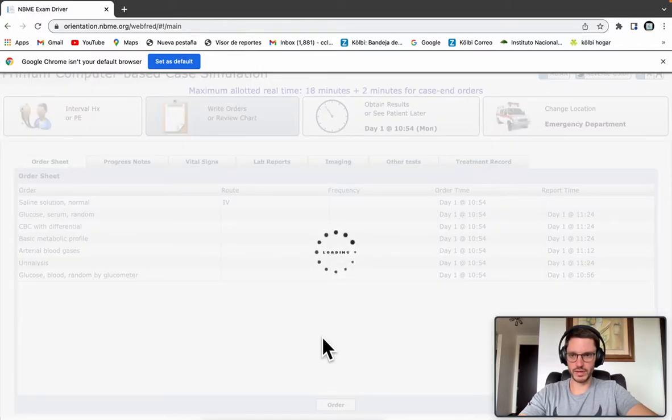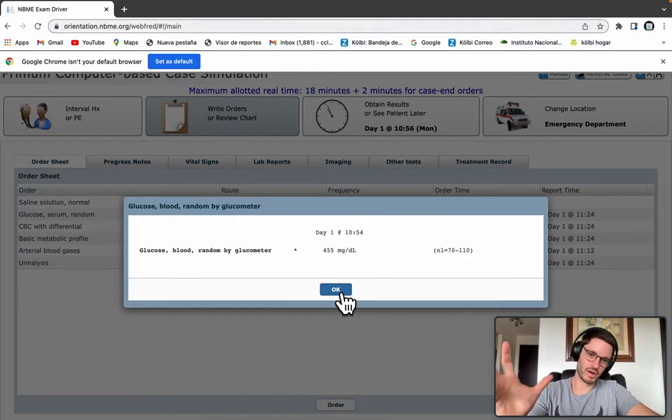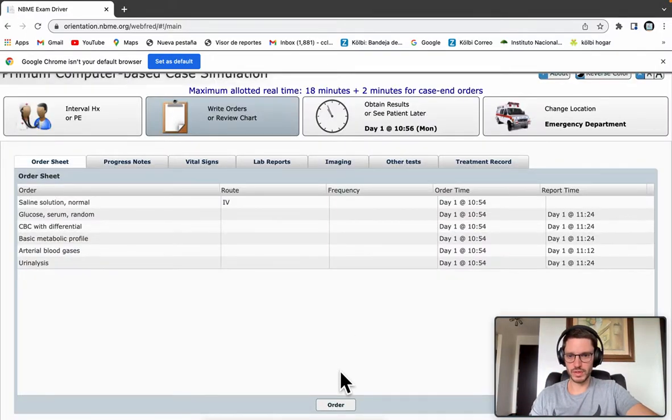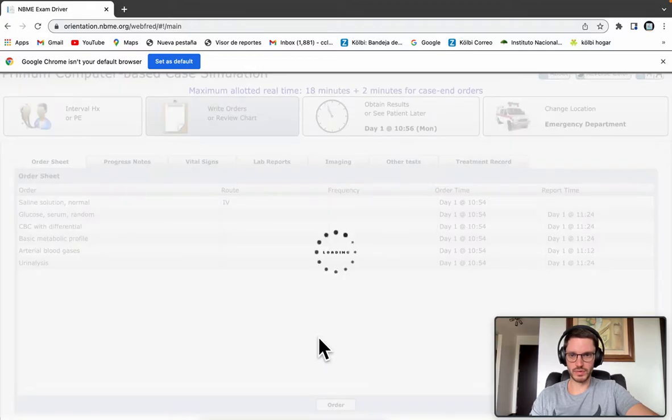We want to see that glucose and everything. So 455, yeah, she's in the range of, it could be hyperosmolar, it could still be ketoacidosis. Remember that hyperosmolar is even higher, so it's like in the mid-range between those two. Let's see what else we have with the next available result. Let's move on.